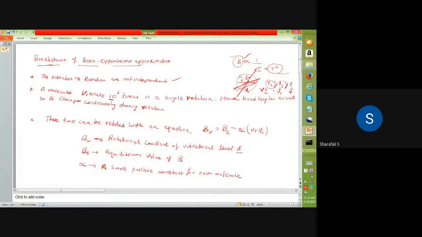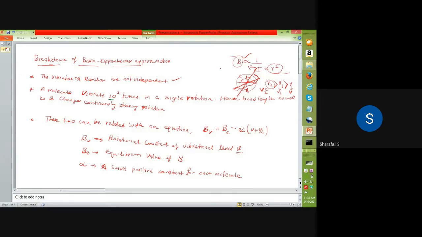Associated with these vibrational levels, we will have rotations, because when you consider this particular vibrational level, we have a rotation like this. And when you are considering this R2 bond length, we will have a rotation with this much bond length.